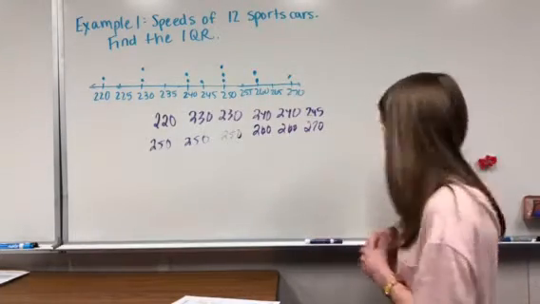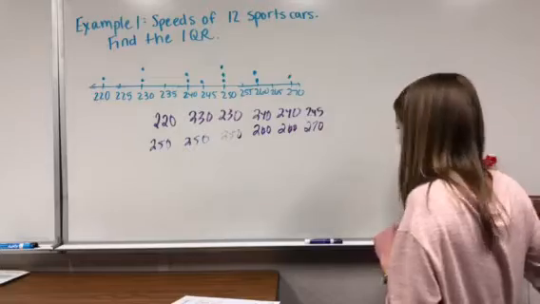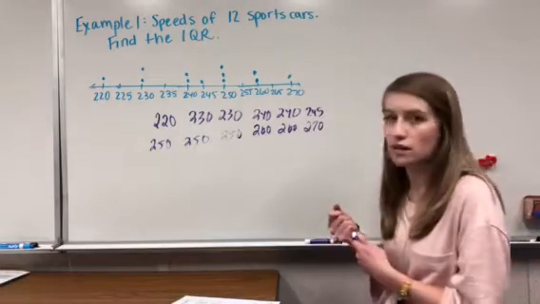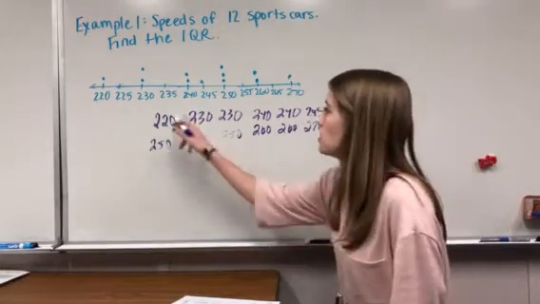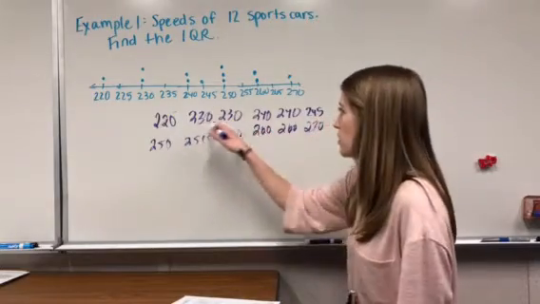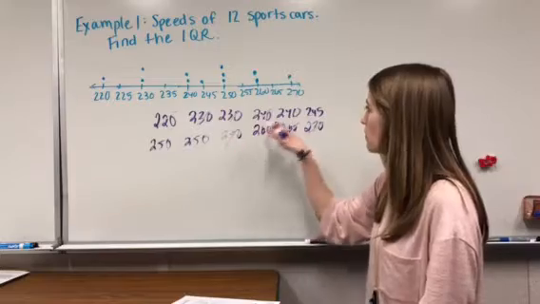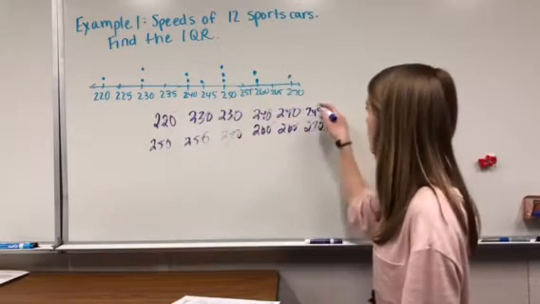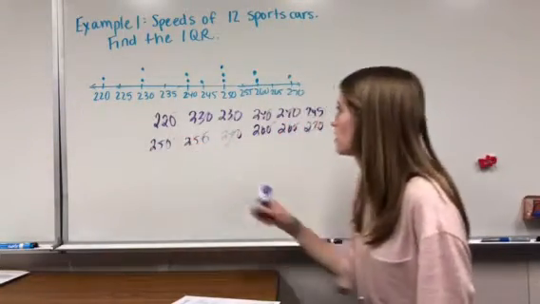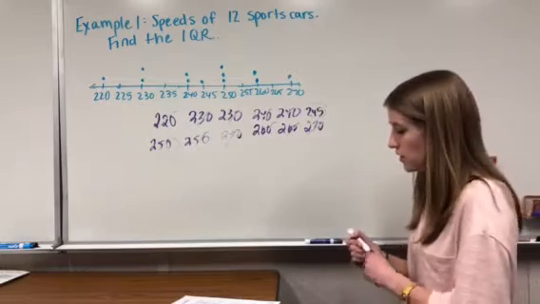So step 1 was to get them in order. Check, we did that. Step 2 is to find the median. This is why writing them in a straight line is a little bit easier to see. Now I'm left with two numbers in the middle, 245 and 250.